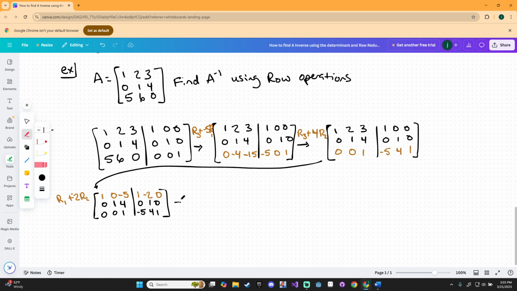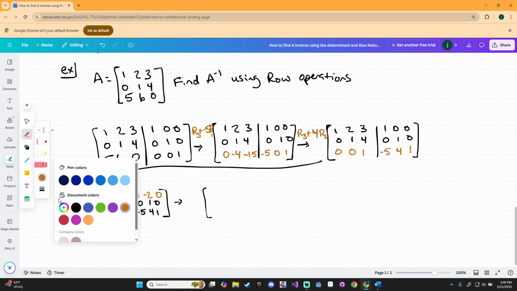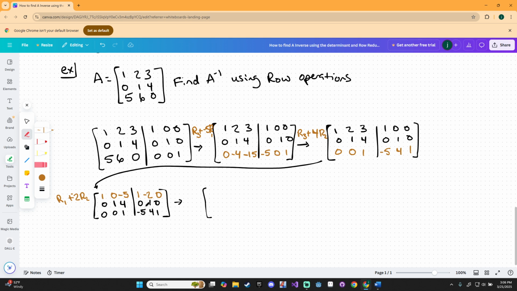And now let's do 2 at once this time. We're going to change row 1 and we're going to change row 2, using row 3. So for row 1, that's going to look like this. Row 1 plus 5 row 3.